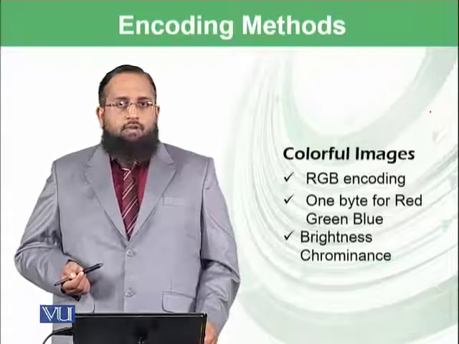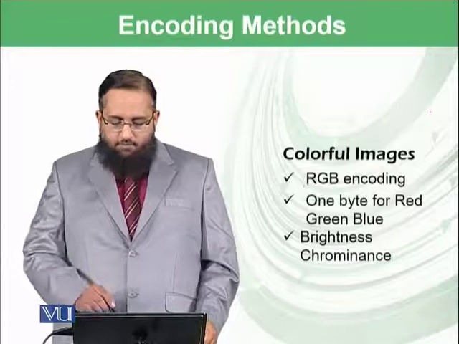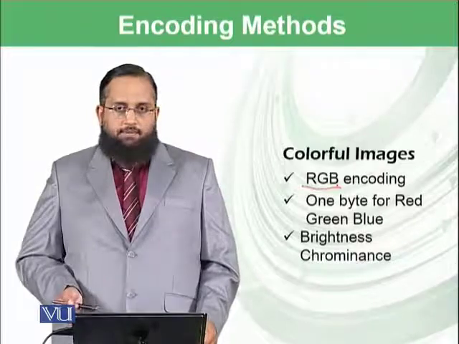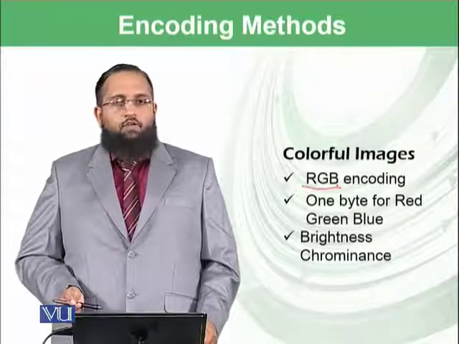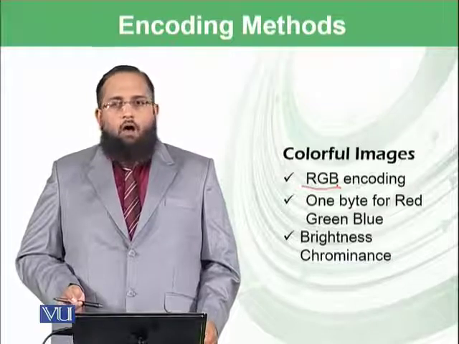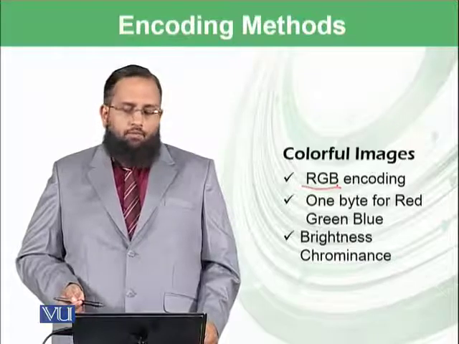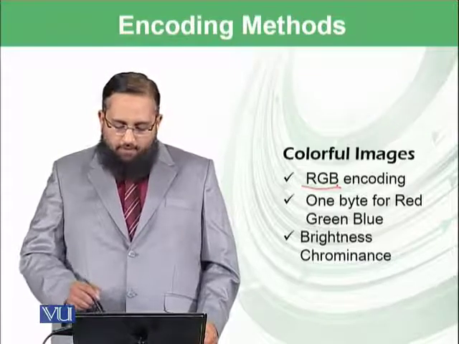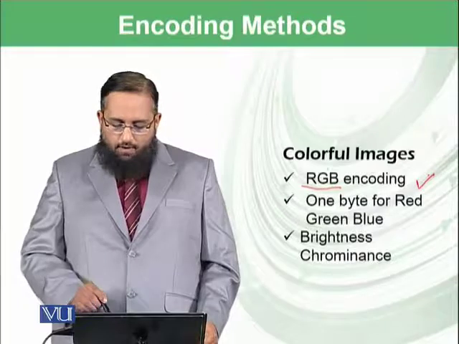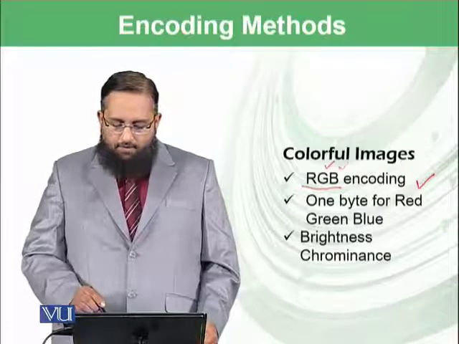To store colorful images, one technique we use is RGB: red, green, blue. We want to form all of the colors of the world with the help of red, green and blue. For example, we have 1 byte for red, 1 byte for green and 1 byte for blue.